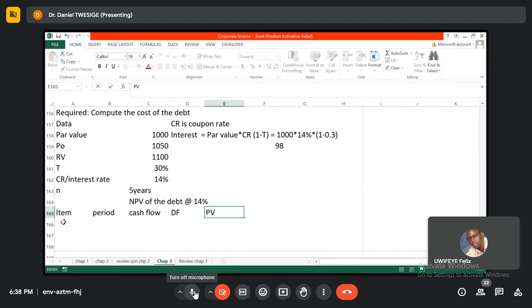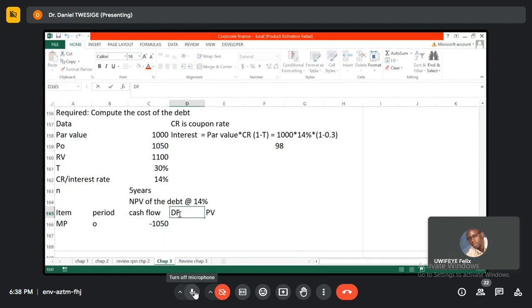My first item is the market price, which is going to be in period 0. Being in period 0, it's going to be negative. So I copy it as a negative because it is in period 0.